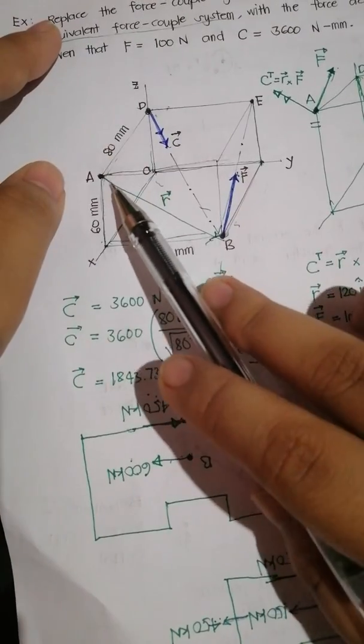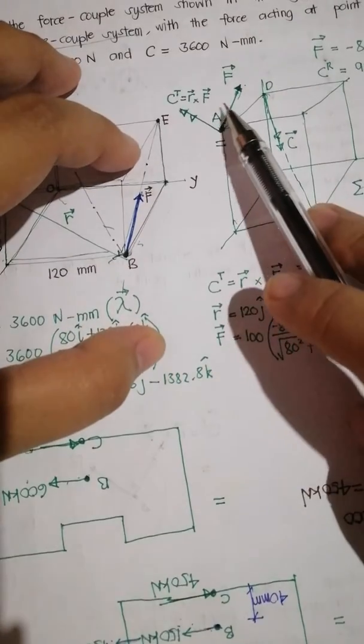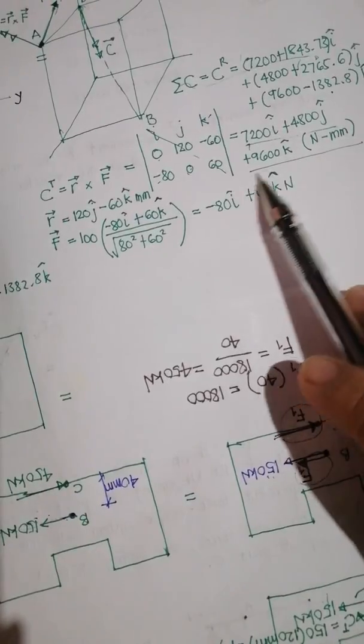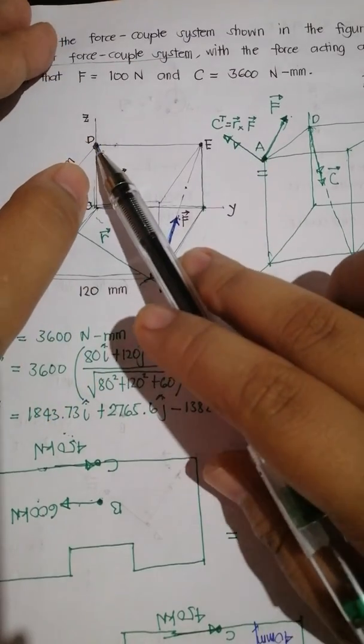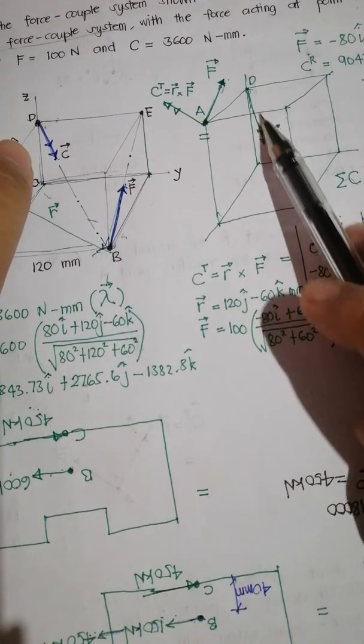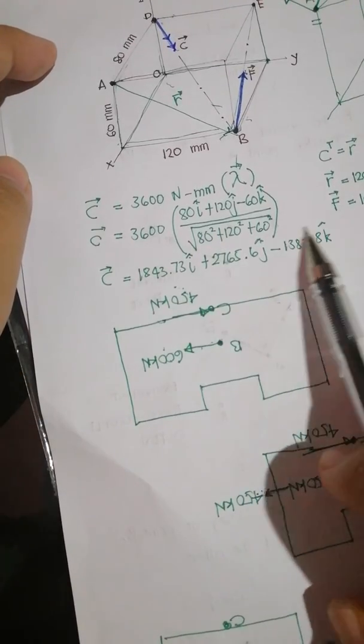So this is the R position vector used, such that the couple of transfer is this R vector cross the force vector that we are going to transfer. So the result is this one. We now have a couple of transfer aside from the original couple vector C.